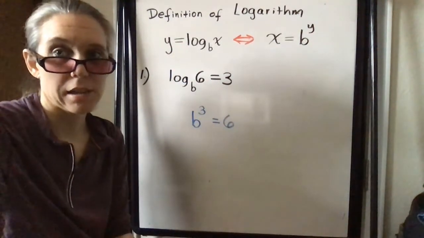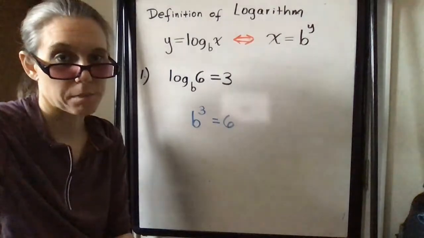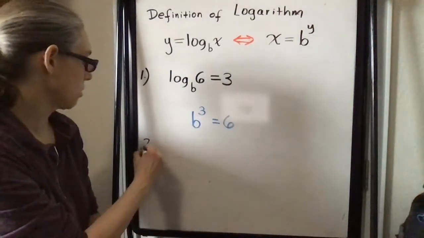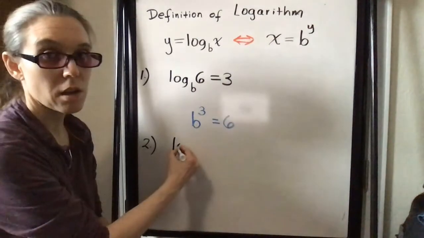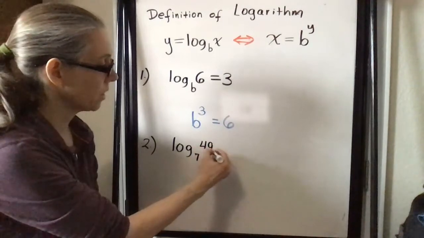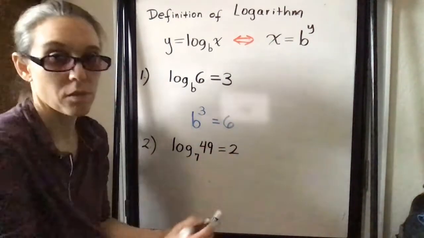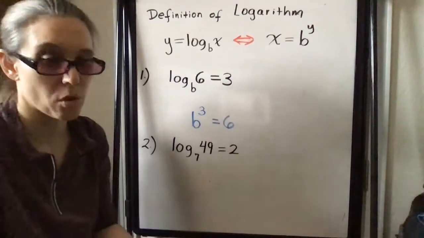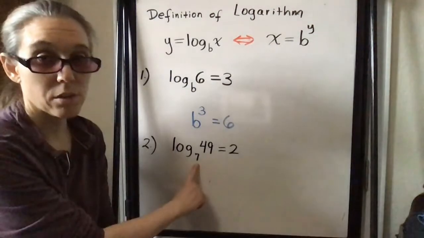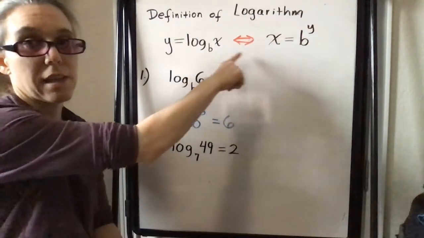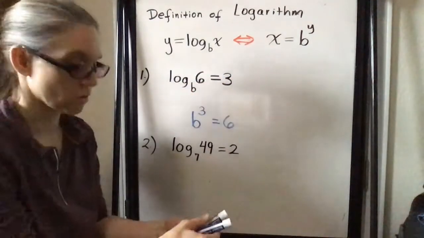Okay, so now let's look at the second question. Here in question number 2, you have log base 7 of 49 is equal to 2, and we need to rewrite that into exponential form. The base of the log is the same as the base of the exponential.